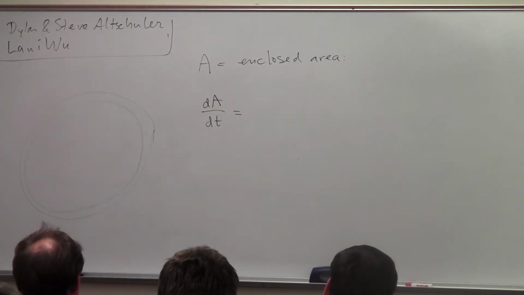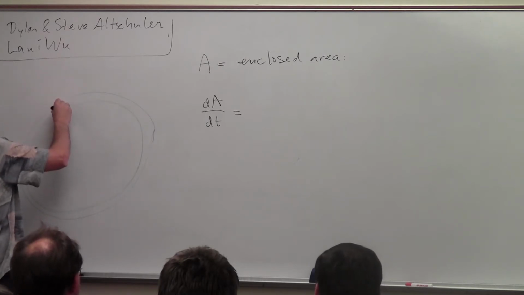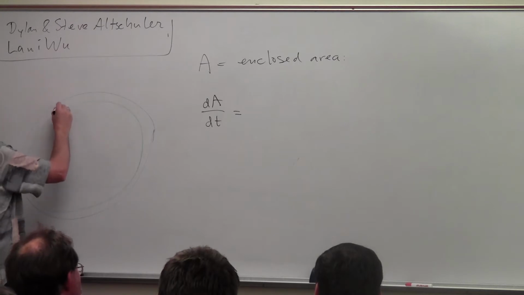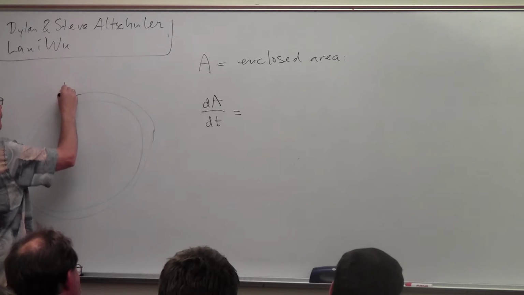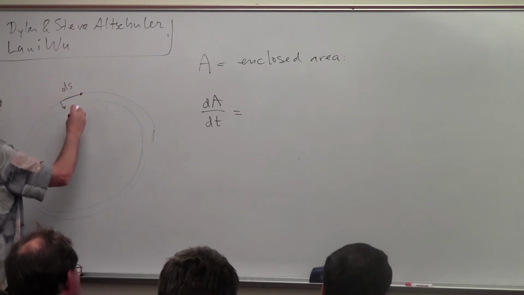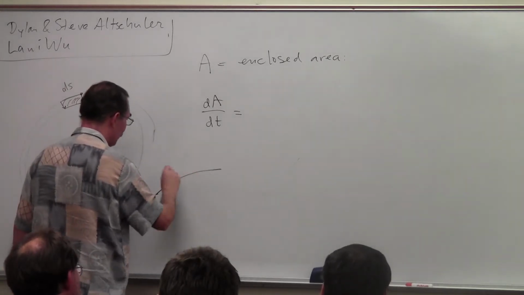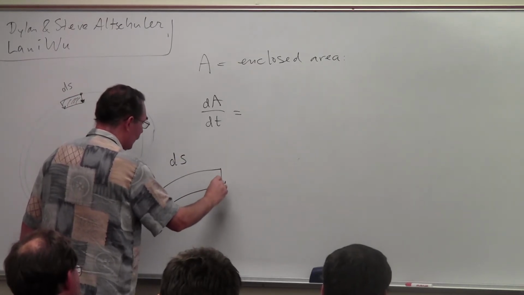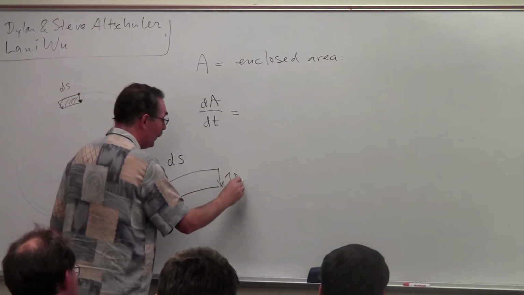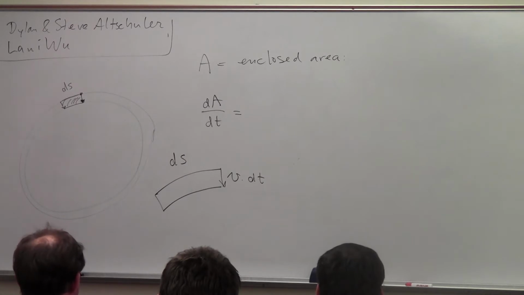If you have a curve that is moving inwards, then the rate at which the area changes is an integral along the curve. If I take a small piece of the curve with length ds, then the area swept out is roughly a rectangle with width ds, and this side is the velocity times the amount of time that goes by.